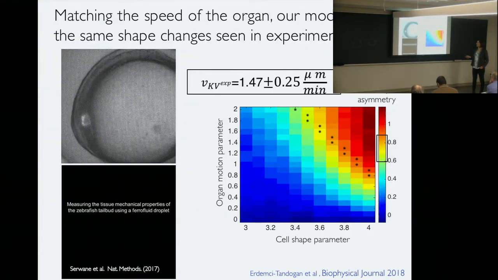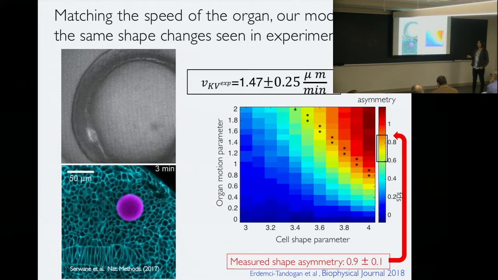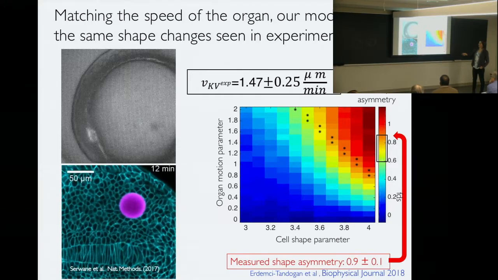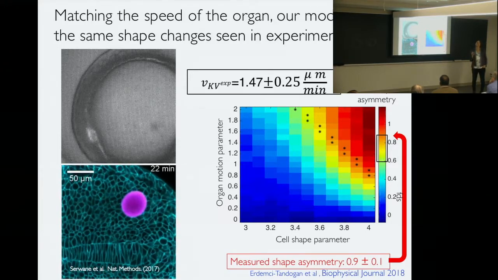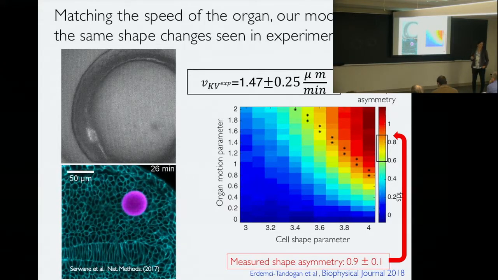There are some really beautiful experiments, again out of Otger Campàs's lab, that have carefully measured the mechanics of the zebrafish tail bud. Let me see if I can get that movie to play. They take a droplet and they oscillate it, and we can do the exact same thing in our vertex model.